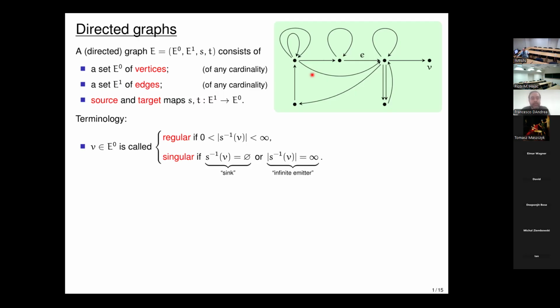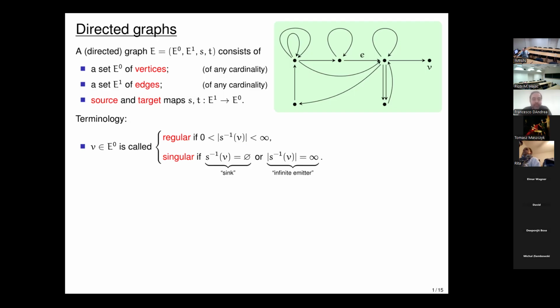Okay, so a vertex v in E0 is called regular if s^{-1}(v), the preimage of v under the source map, is the set of edges which start at v, and this set should be finite and non-empty. If this happens, we say that the vertex is regular. So the vertex emits finitely many edges and at least one.